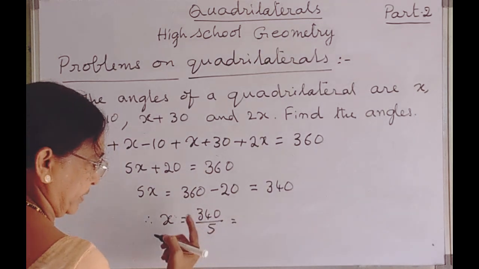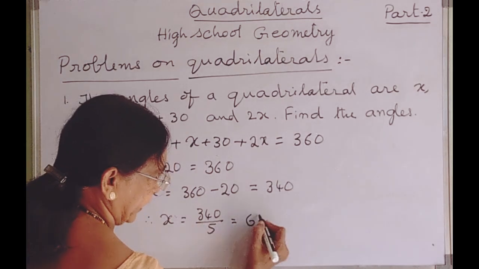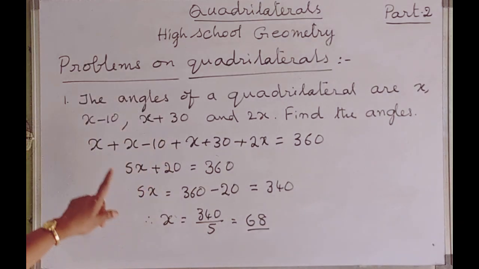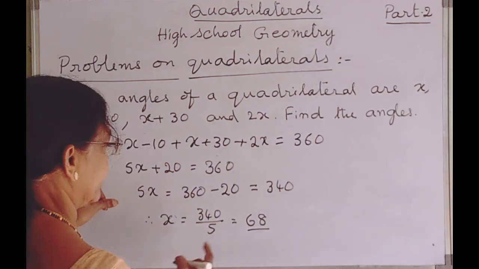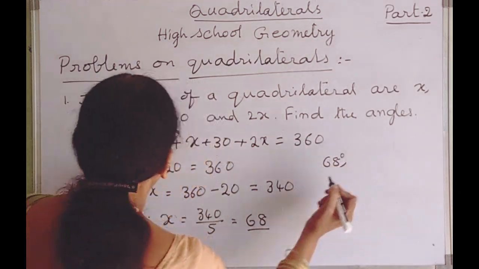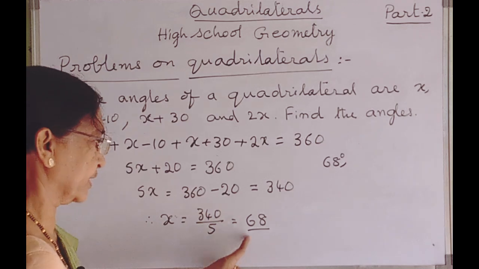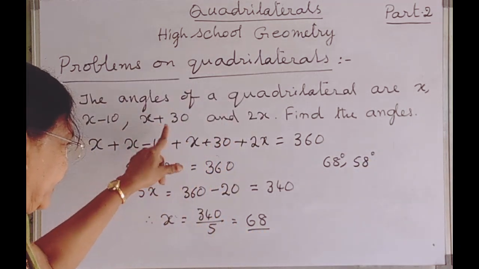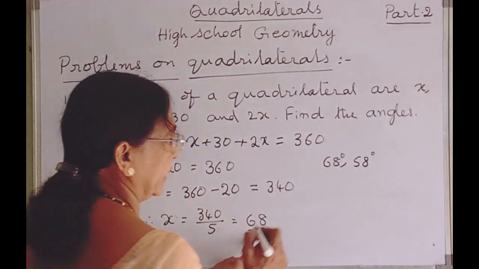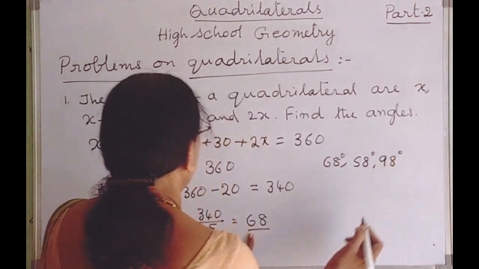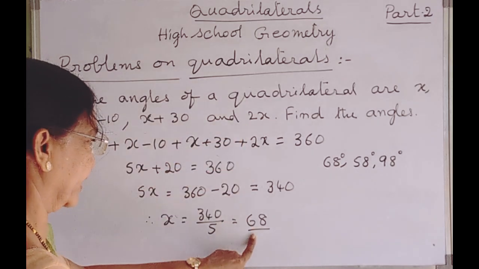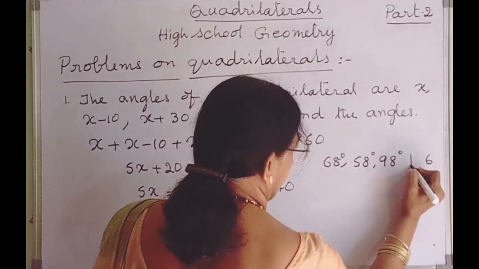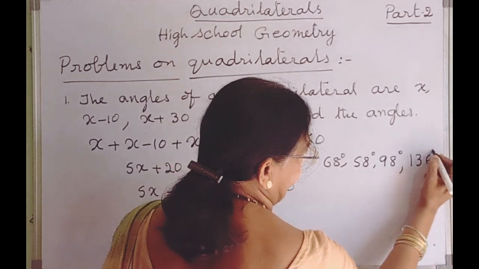5 6s are 30, 5 8s are 40. So, x is equal to 68. Therefore, the angles are: first angle x, 68 degrees; x minus 10, 68 minus 10, 58 degrees; x plus 30, 68 plus 30, 98 degrees; and 2x, 68 into 2, 136 degrees.